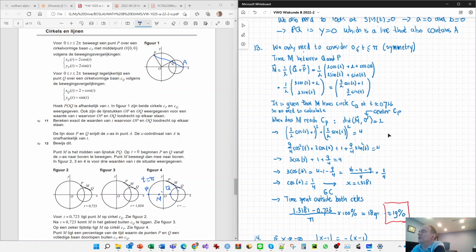Squaring both sides, the distance from M to the origin is just the length of this vector, so the x squared plus the y component squared of this vector has to equal 4.